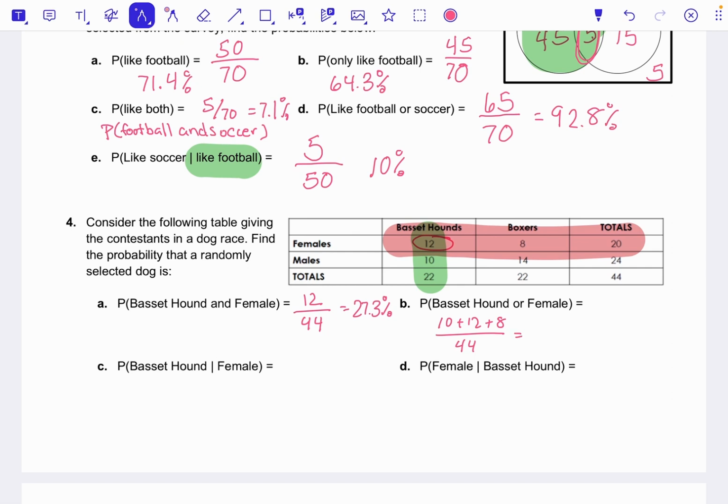Or another way you could think about it is some people like to say, well, there's 20 females and there's 22 Basset Hounds. But in doing both of those totals, I added that 12 in twice, so I'm going to subtract the 12. Either way is going to get me the right probability. They're just sort of two different ways to think about the problem. In both cases, you'd wind up with 30 out of 44, or 68.2%.